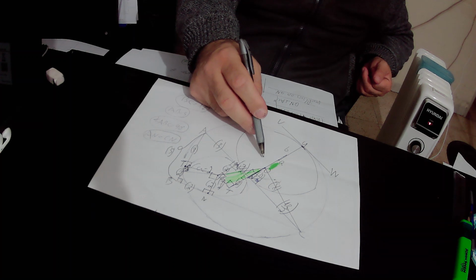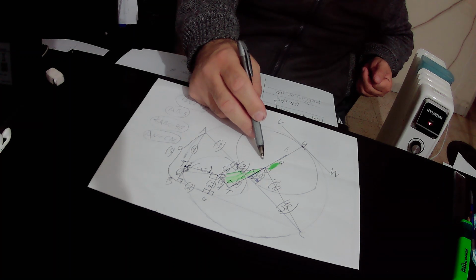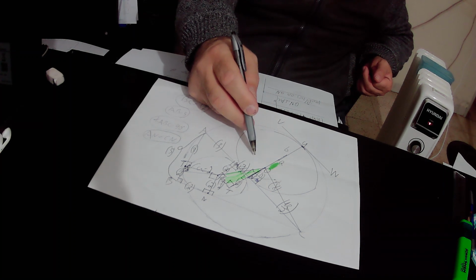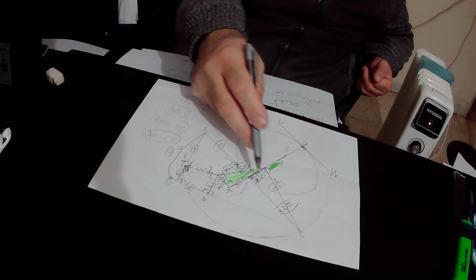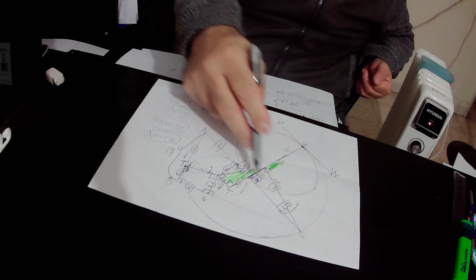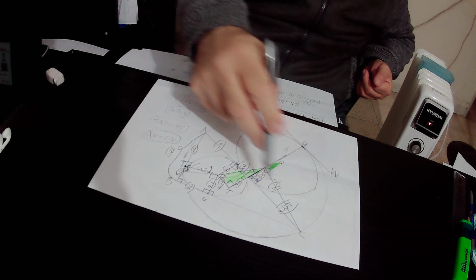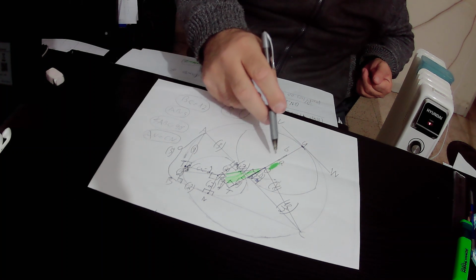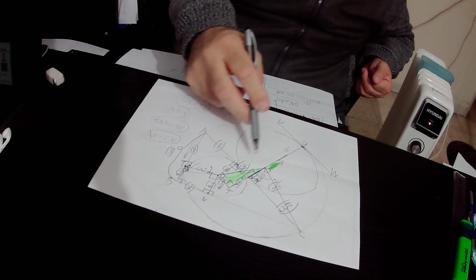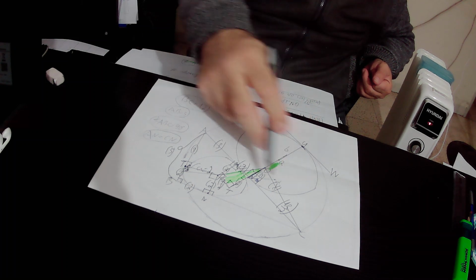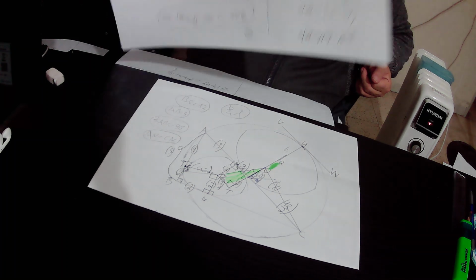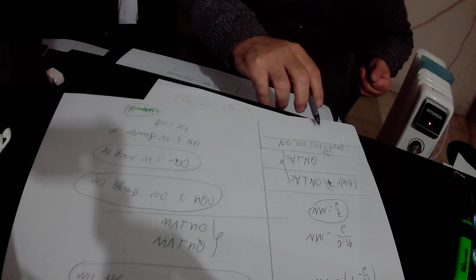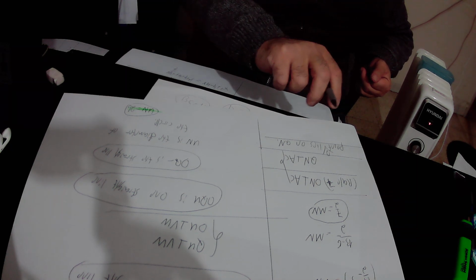Otherwise, if point O doesn't lie on QN, then ON will not be perpendicular to chord AC. Therefore, point O must lie on QN in order that ON will be perpendicular to AC. I repeat again that point O must lie on the radius QN.